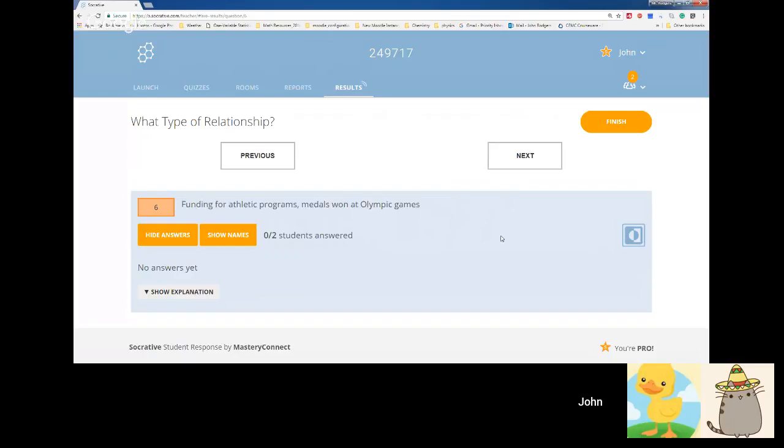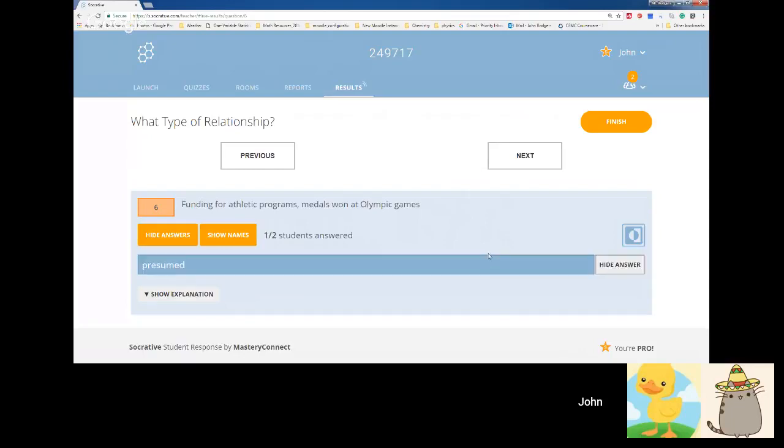Funding for athletic programs and medals won at Olympic Games. This one goes out to our athletes out there. Gee, what is this one? Increase the funding for athletic programs, and you win a lot of medals at Olympic Games. Somebody thinks it's a presumed relationship, and other people aren't sure.